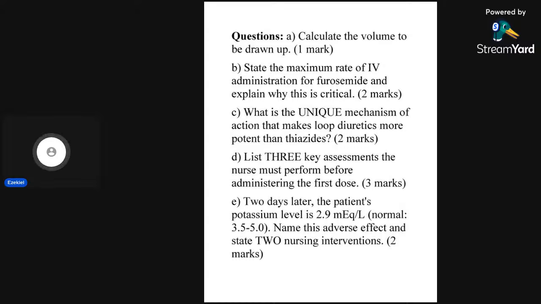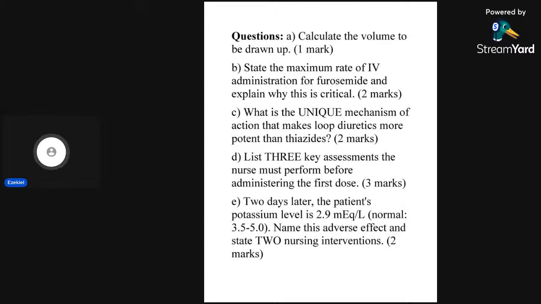So you give furosemide over a slow period of time. You understand? Over a period of maybe 1 or 2 or 3 minutes, you don't give it in less than 1 minute. If not, the patient is going to develop hearing loss. Many nurses can make this mistake when they administer the drug. Sometimes some doctors too.